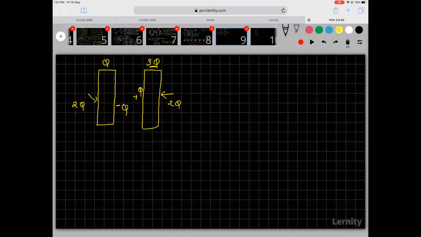Now, I am earthing this plate. The moment I earth this plate, this initial charge which is here is not going to be of any use, because some charge is going to come from the earth or from outside, such that the potential of this plate should become 0.